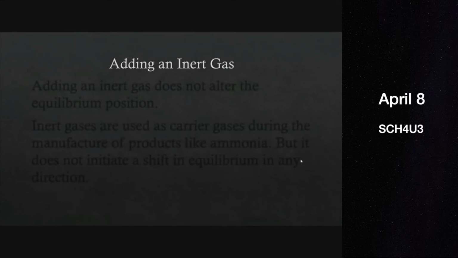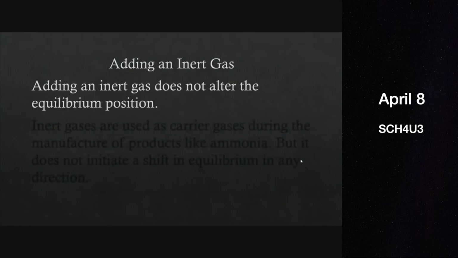It does not make it go forward or backward. It's merely because, with the volume remaining constant, the partial pressures of the gases of the reactants and products do not change, so it has no impact. Or we can say the concentration ratios of the reactants and products remain the same. For that reason, inert gas has no effect on the equilibrium or shift in equilibrium.